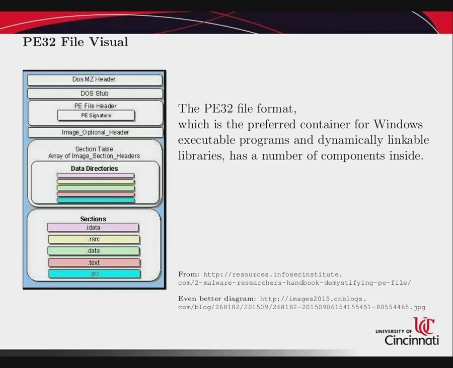It will actually use different names for all these things. So instead of text, sometimes you'll see code instead. And in order to make sense of this, Windows has type numbers embedded within it. So in addition to the name of these sections up here in the section table, there are also going to be type fields associated with them as well.